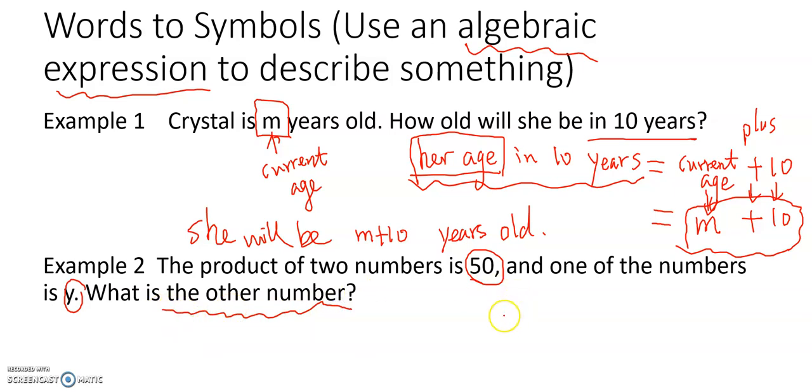We have to use an algebraic expression to describe it. So in this case, from the previous explanation, we can see in order to find the other number, how do we find the other number? We can take the product divided by one of the numbers.